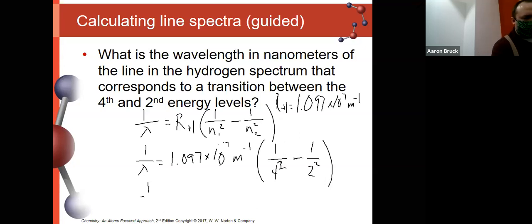My wave number is negative 2.057 times 10 to the 6th wave numbers.